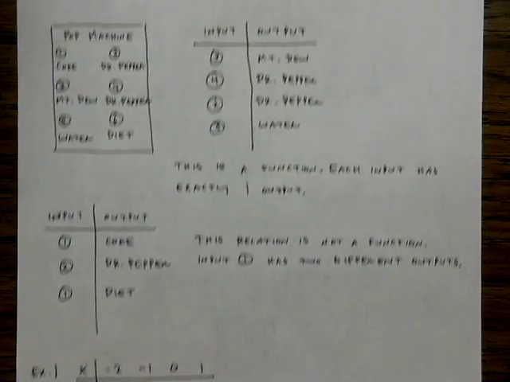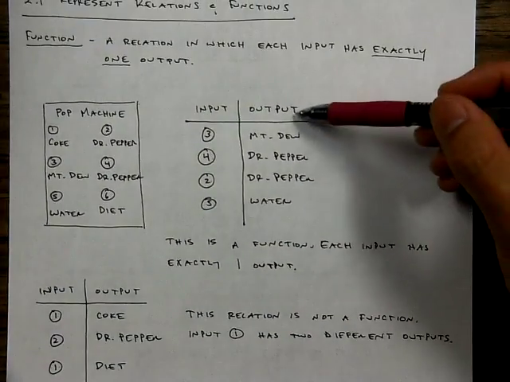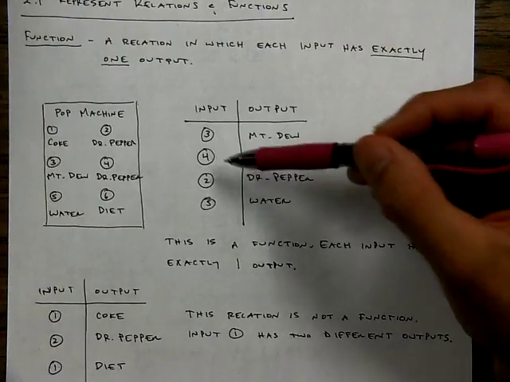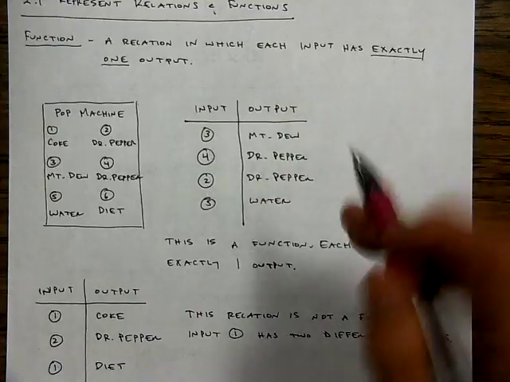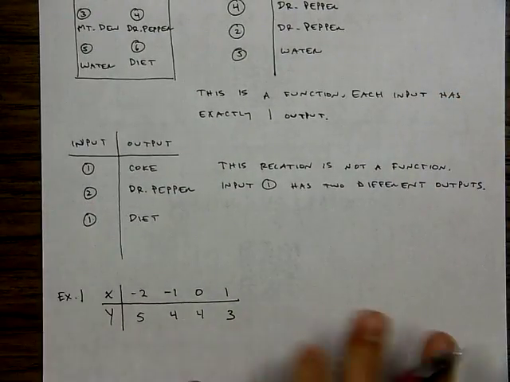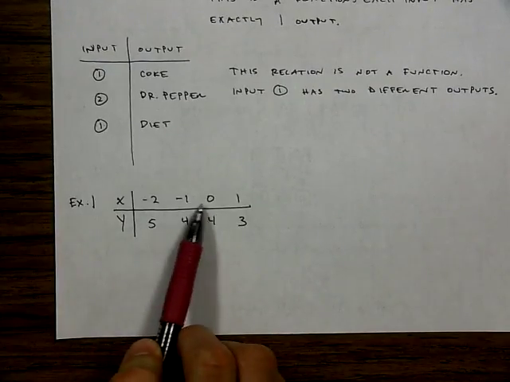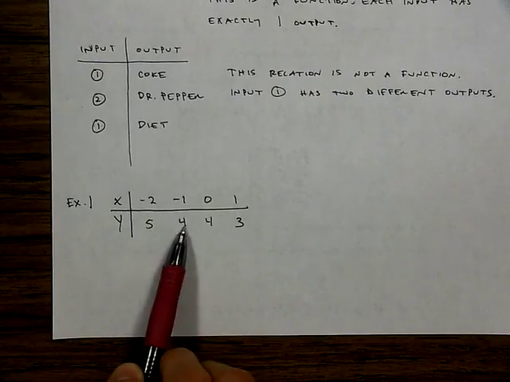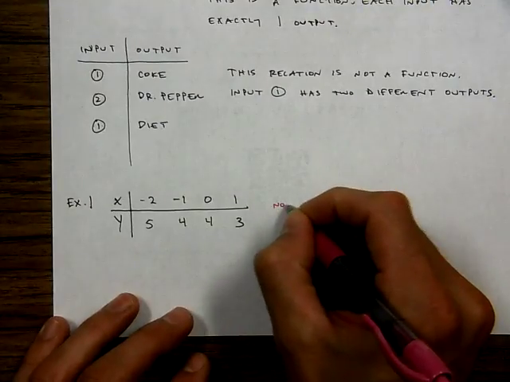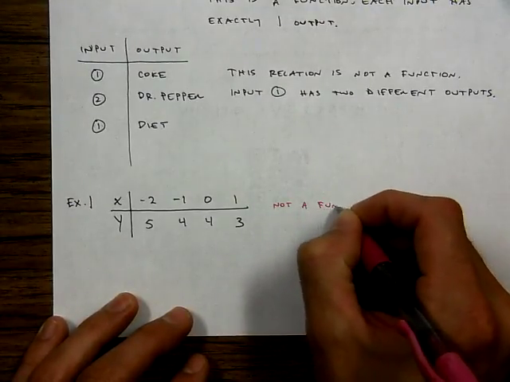But if I go back to my original where this was a function, notice that you are allowed to have the same output with different inputs. What you can't have for a function is the same input and different outputs. So notice that each input here is different. Outputs can repeat, so that part is okay. So this is actually not a function.